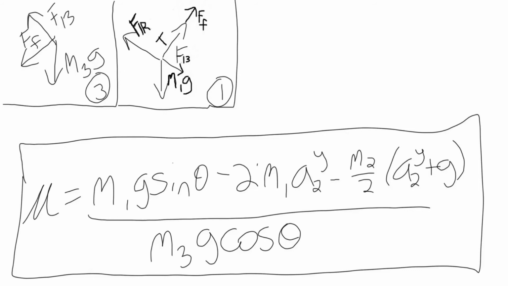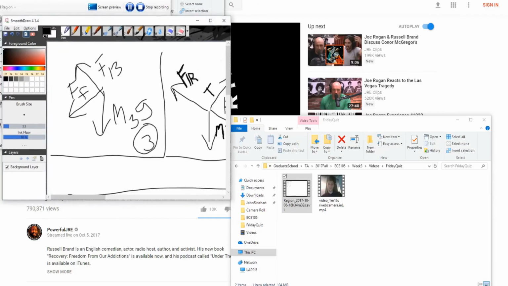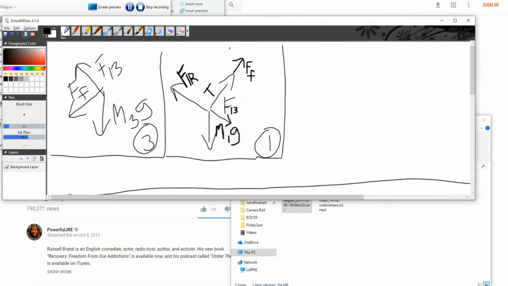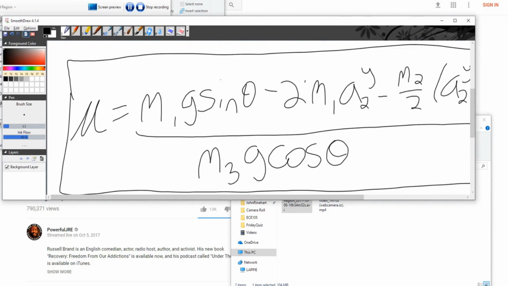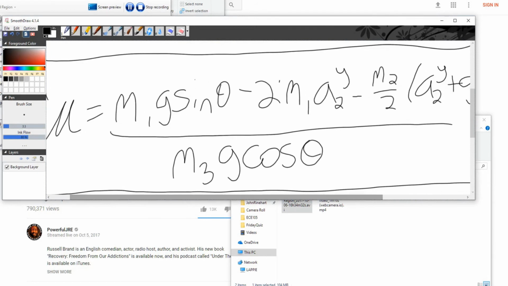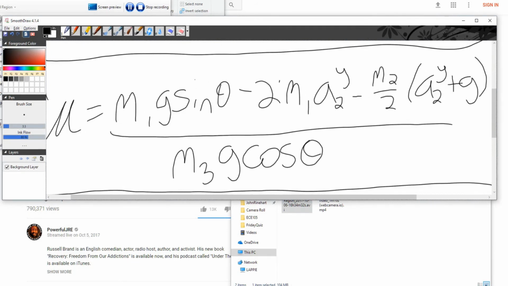But yeah, I'm going to take m1 g sine theta minus 2 m1 a2y minus m2 over 2 times a2y plus g all over m3 g cosine theta. So maybe I can minimize this a little bit and show you what it looks like in Wolfram Alpha. Let's expand this a bit.